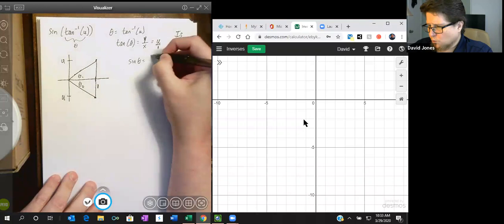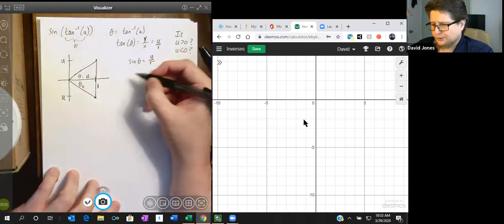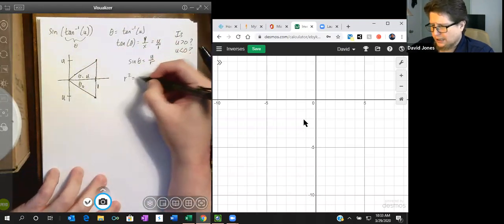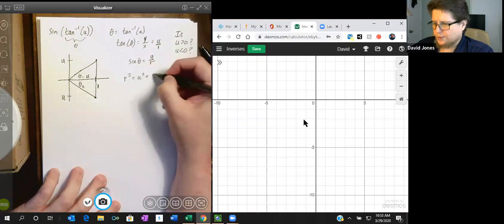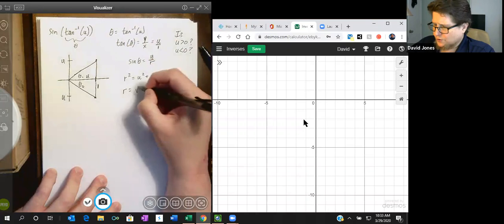Sine of theta is y over r, so I need r here. My x value is 1, so r squared equals u squared plus 1 squared. So r equals the square root of u squared plus 1.